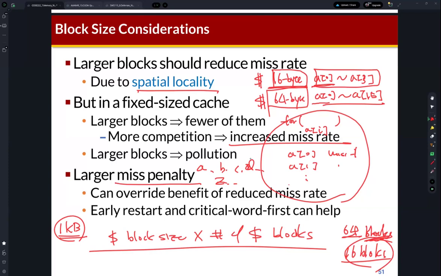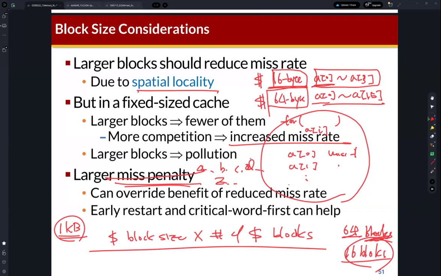We will learn about the miss penalty later, but you can understand that the miss penalty is the time for fetching a certain cache block. Because the cache block size is increased, in order to allocate this cache block, we need to fetch more data from the lower-level cache or memory, so it will take longer. So the miss penalty can be increased.